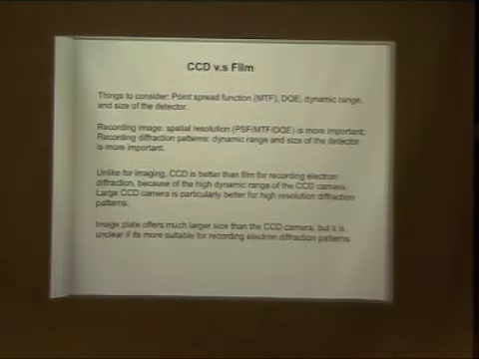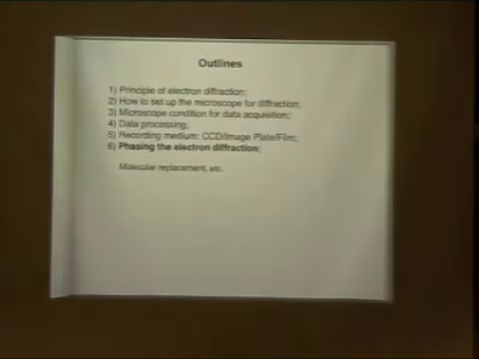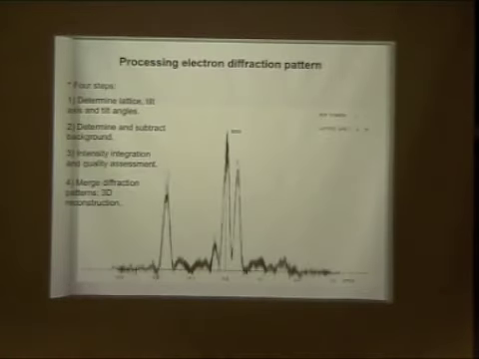So that's the last thing I want to mention. I mentioned earlier that in diffraction alone, you cannot generate phase information. But once you have these lattice lines, you are pretty much in the position of an X-ray crystallographer. Everything from this point on is pretty much the same as X-ray crystallography.